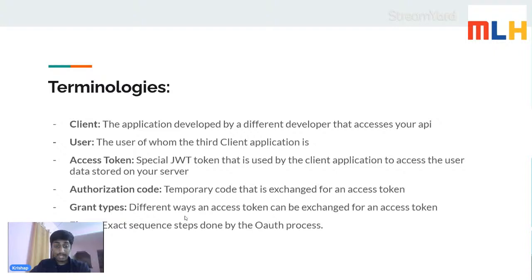And then the grant types, the different ways to get this access token. First, you can use the authorization code and get back an access token. There are other ways, such as using a refresh token to get the access token. Then flows: OAuth allows multiple different processes to log in, and they're usually called the OAuth flows.